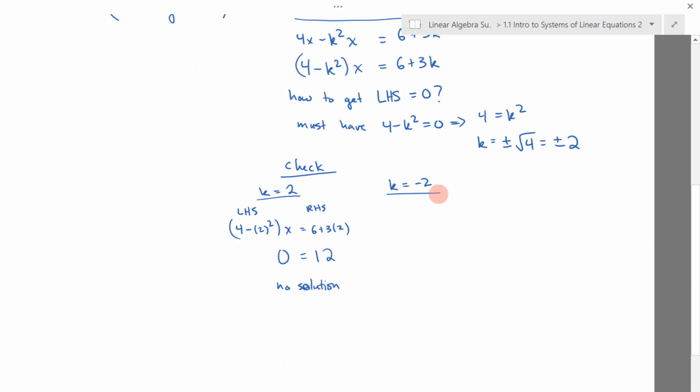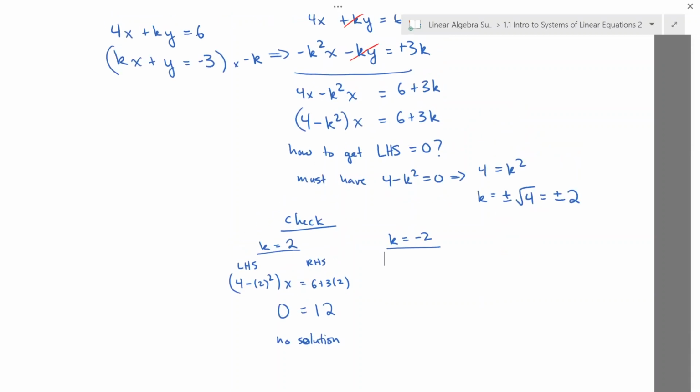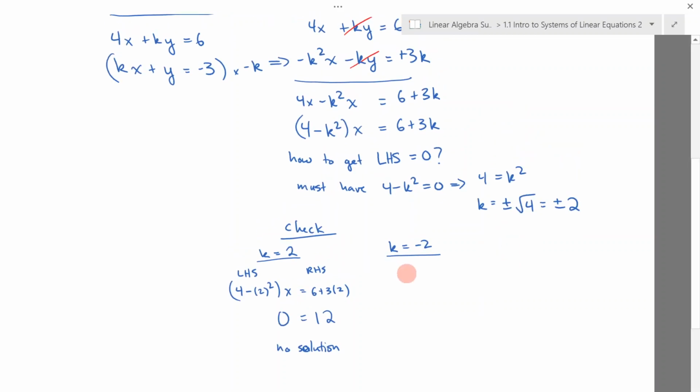And then what happens when k is negative 2? Again, you check left-hand side versus right-hand side. So 4 minus negative 2 squared times x is equal to 6 plus 3 times negative 2. And again, this is just 4 minus 4, so that's 0. And this is 6 minus 6, so that's also 0. So this is the infinitely many solution case.